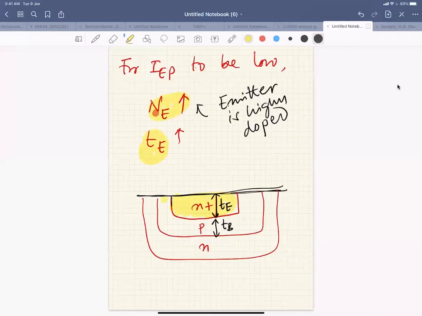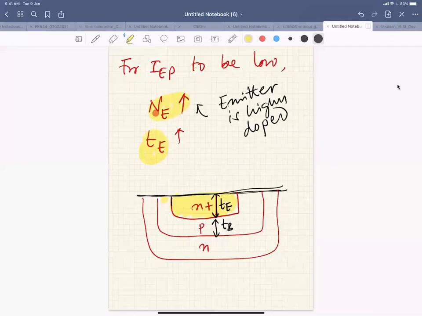So you want a thicker emitter region, that means you have a high energy implantation. Because the base comes below the emitter, the implantation energy should be much higher than the emitter implantation energy. As you go on increasing the implanter energy, it is very difficult to control the doping. So that is not traditionally done.